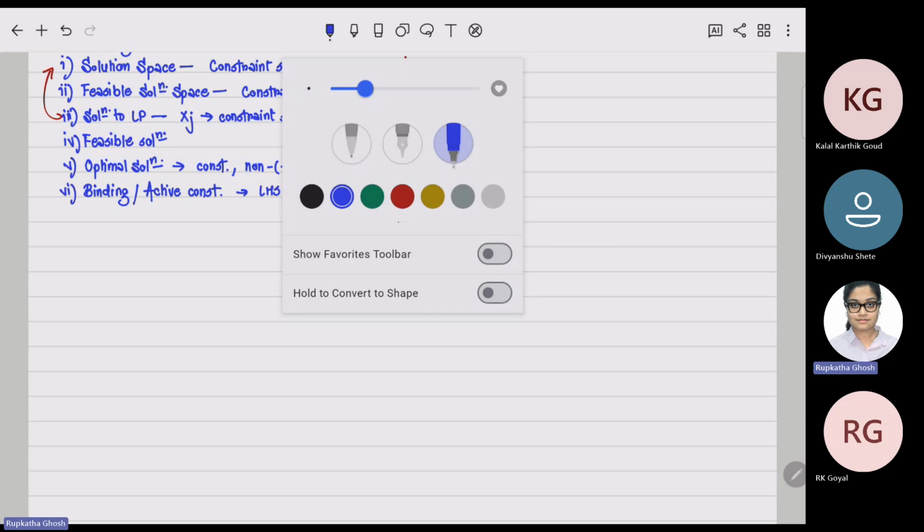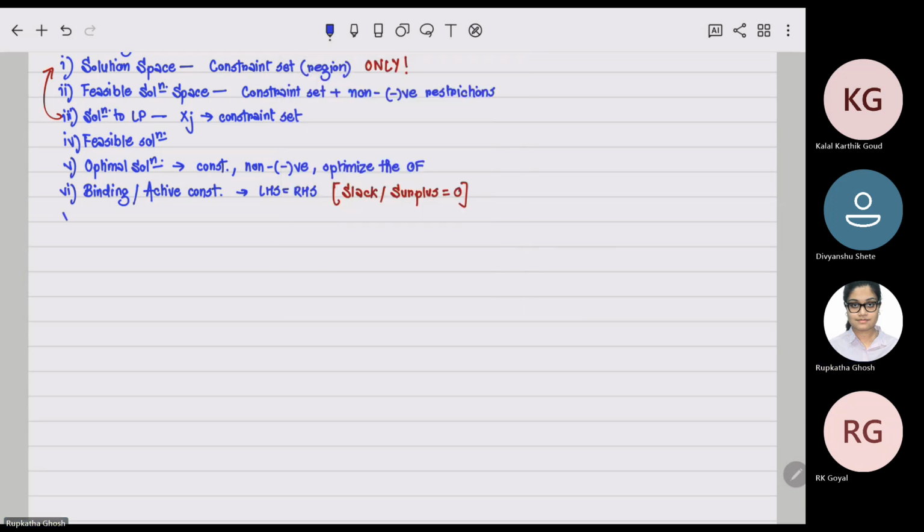Similarly, next we have non-binding or inactive constraint. When you are substituting the optimal values of your decision variables into the constraint, your constraint is non-binding if the left-hand side and the right-hand side are not equal.